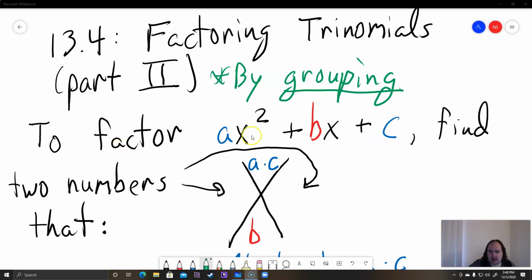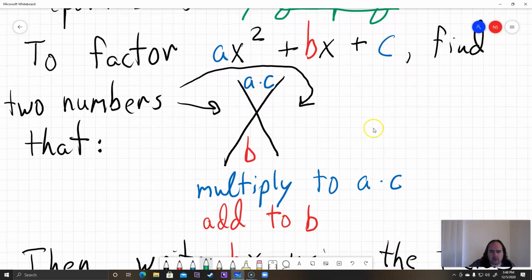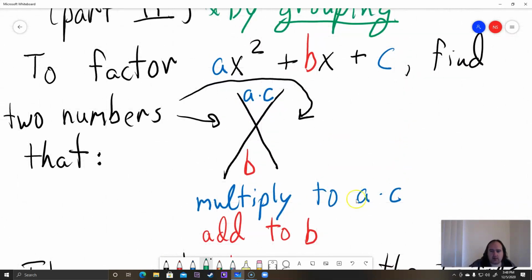So to factor ax squared plus bx plus c, you're still going to use the x method, but you want to find two numbers that multiply to a times c, and then add to b.